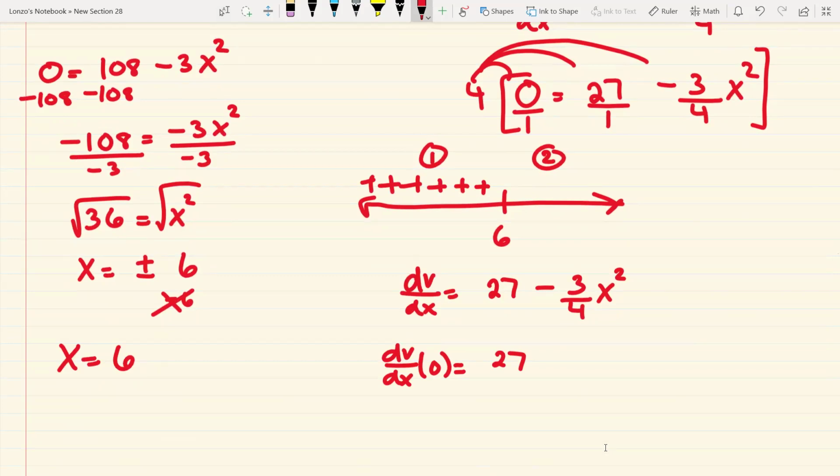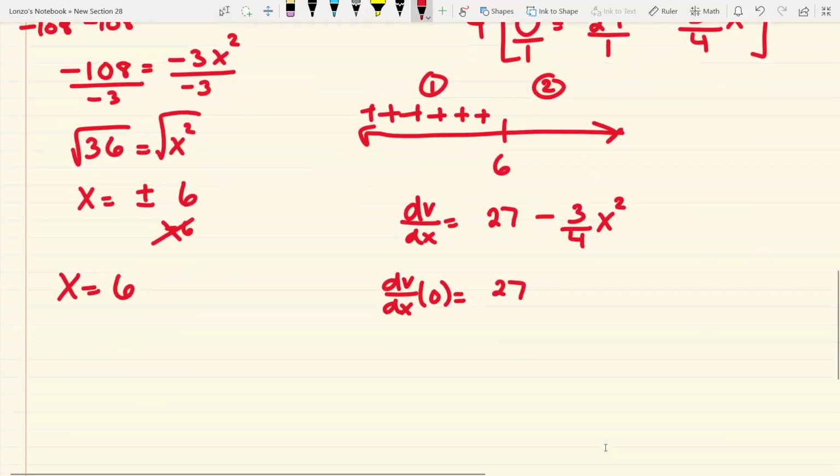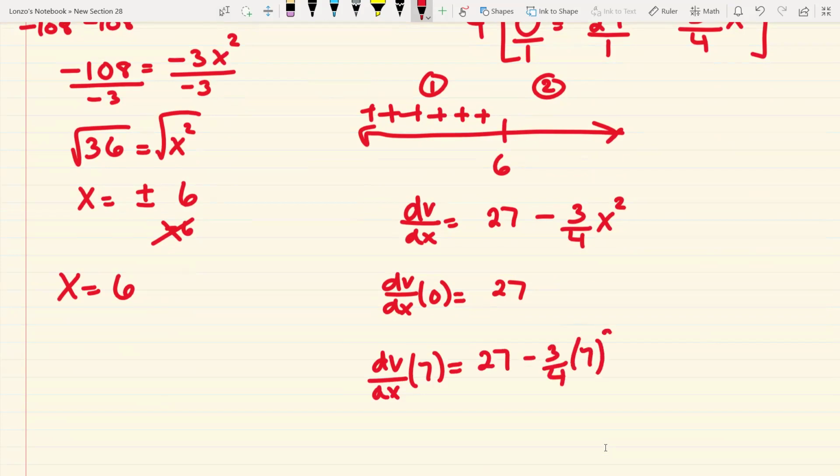I need a number greater than 6. So maybe I could do 7. So that's negative 9, so that's minus. So if you look at our sign chart, we have a positive and a minus.